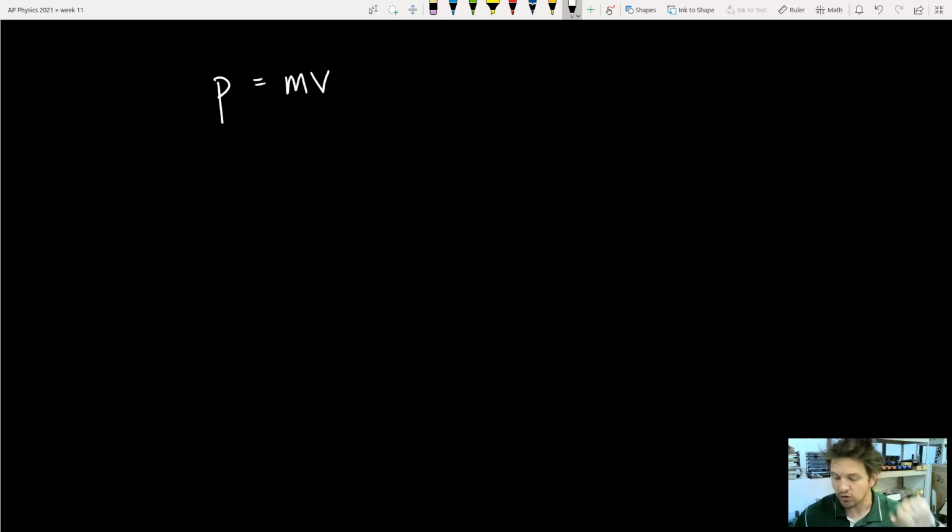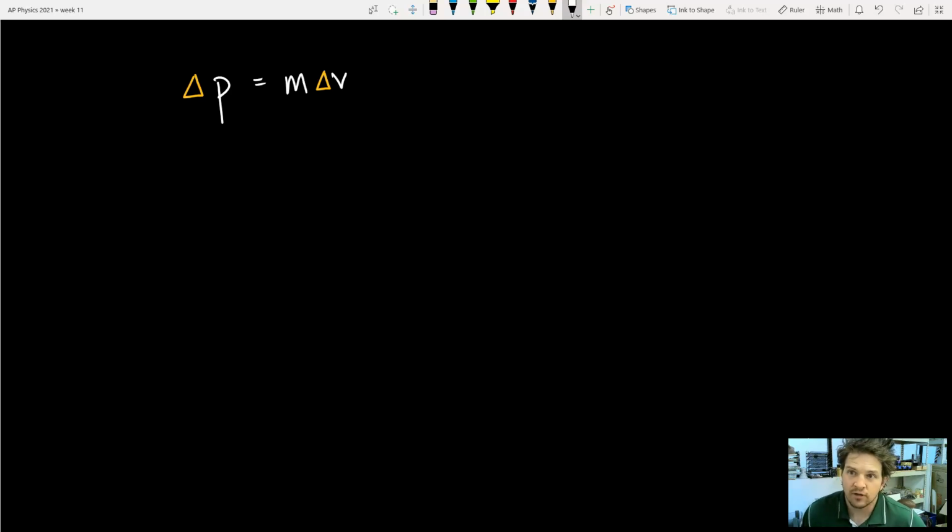And if I want to know something's change in momentum, then what we can do is say the change in momentum is equal to mass times, and it's not the mass that's going to change normally. Normally it's going to be the velocity. So right here we have the change in velocity, right?